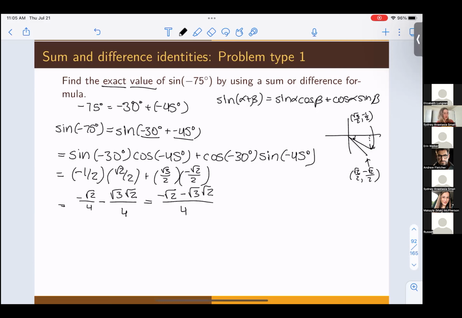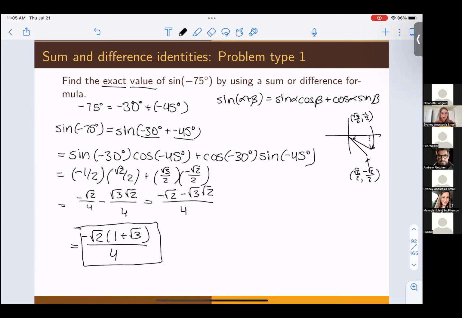I see a common square root of 2 I can factor out, so I'm going to do that to simplify as much as I can, which leaves me with negative square root of 2 times 1 plus the square root of 3, all over 4. And this is really all I can do to simplify this one, and this is my answer.